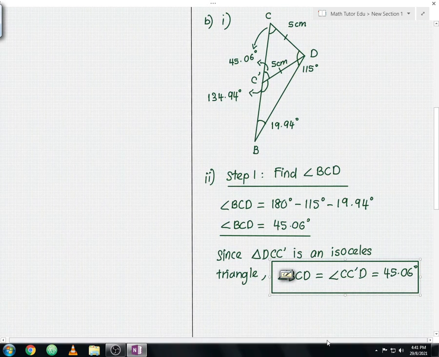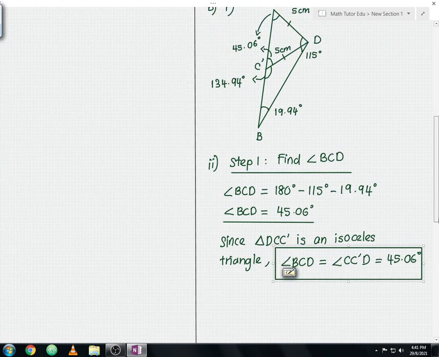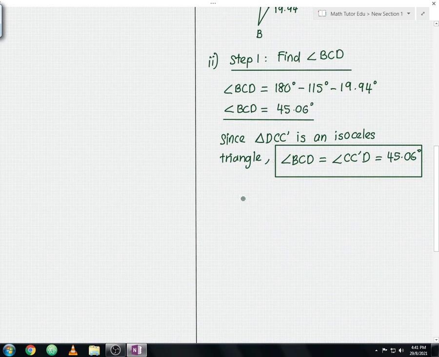Okay, so from here let us continue our explanation. So hence, to find the angle DC'B will be equal to 180 degrees minus 45.06 degrees.